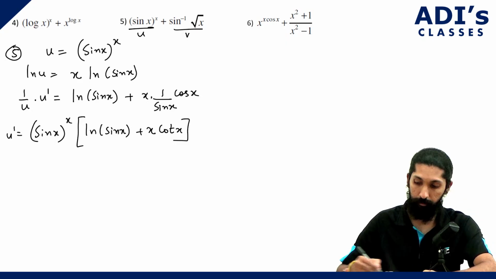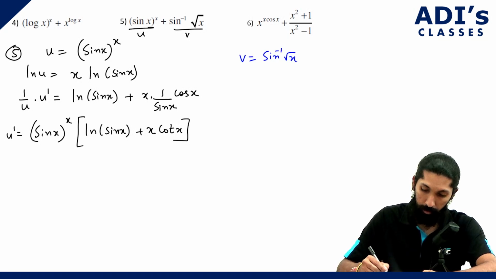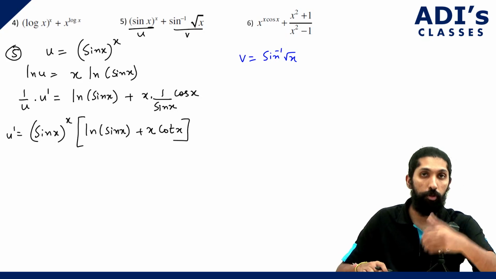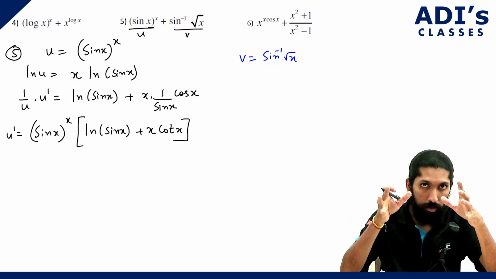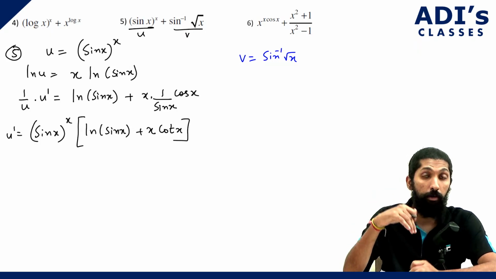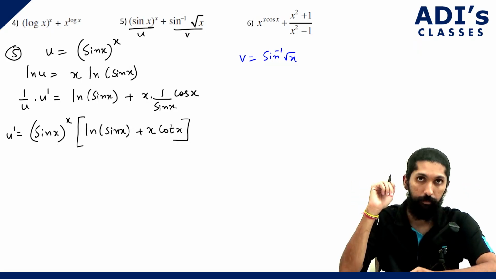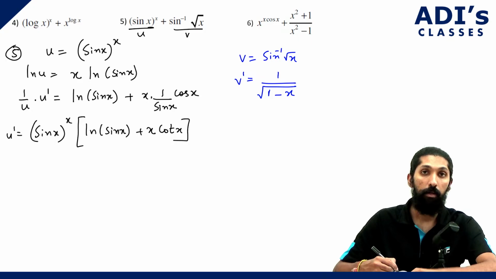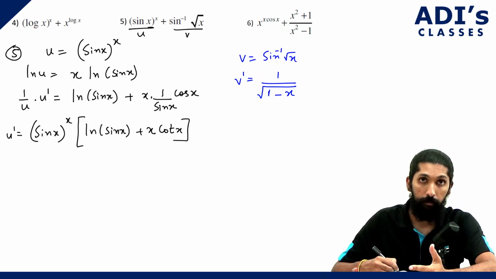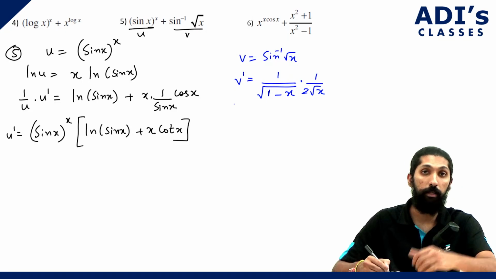Now v dash. See, v is sine inverse of root x, right? Now you don't have to take log here because there is no function to the power of another function. It is just one particular function. But here you have to apply the chain rule, right? So v dash becomes 1 by root of 1 minus x, because square root of x whole square becomes x, into 1 by 2 root x, the derivative of root x. Fair enough?